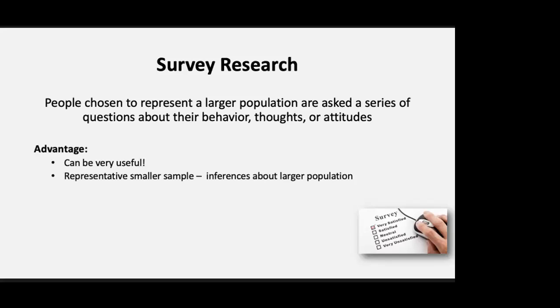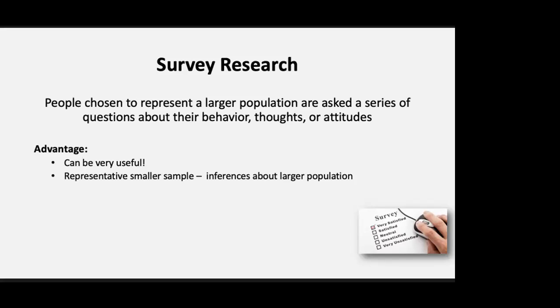And you can use a small sample to then make inferences about a larger population, rather than actually having to conduct the experiment with the larger population. Let's say you're trying to get information on mothers under the age of 17, and the resources that they utilized when they had their first kid as a teen.